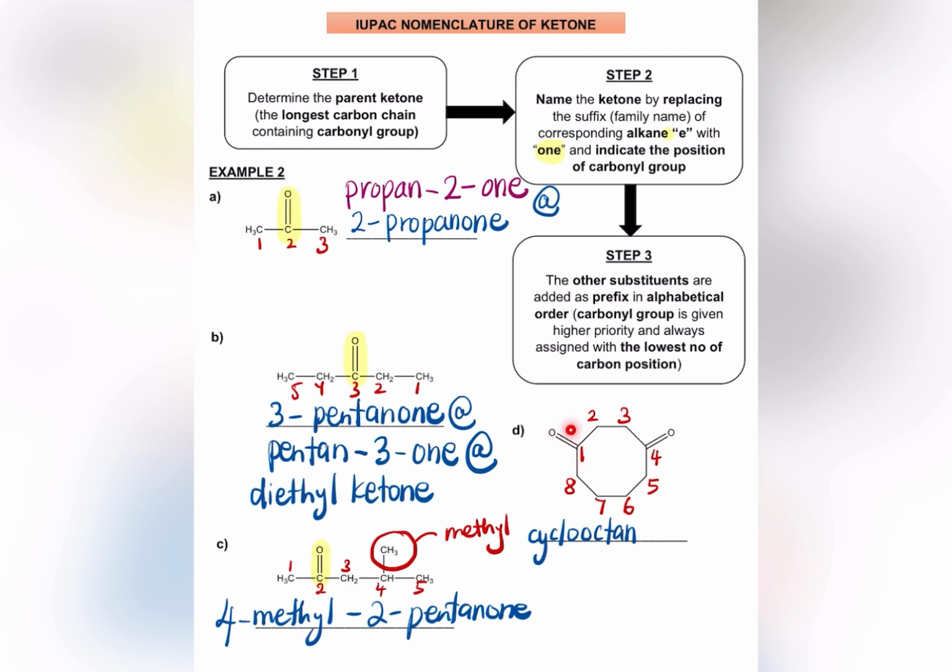They are at position carbon number 1 and number 4. So dash 1,4 dash. And I got my family name which is one. But in this case, there are two functional groups. That's why I'm going to put dione. So this is the naming for structure D.